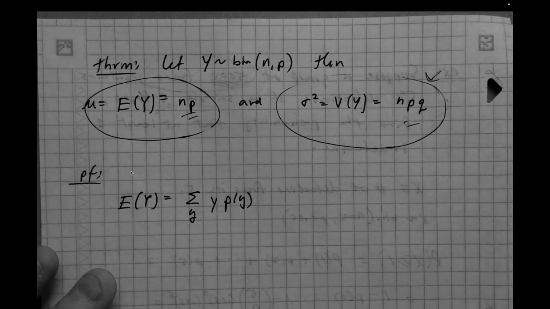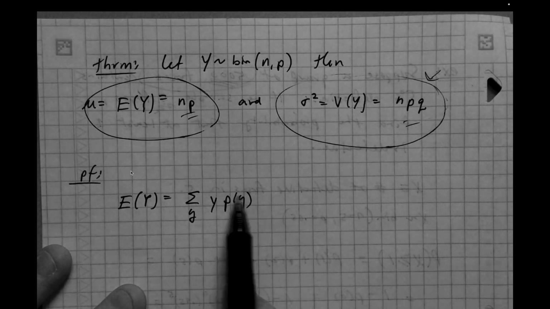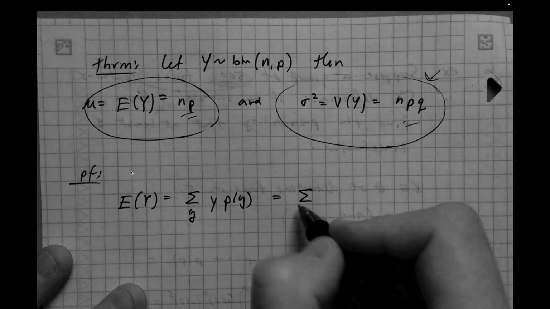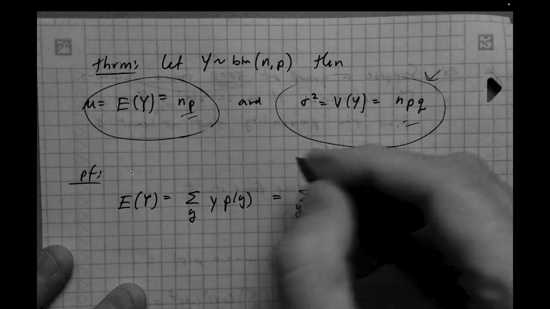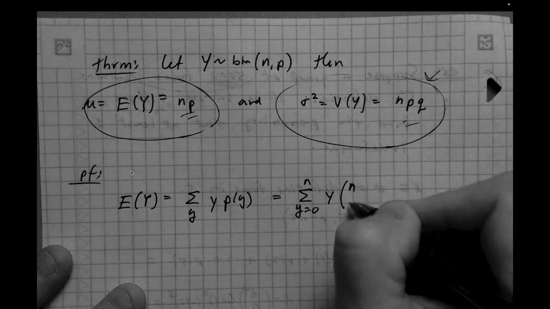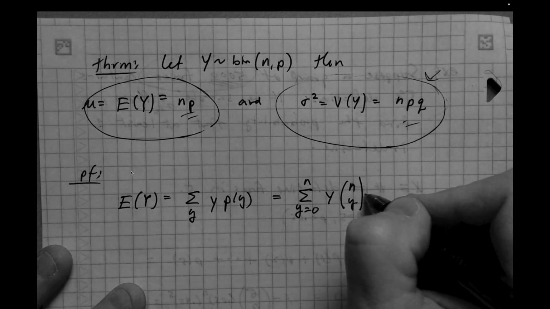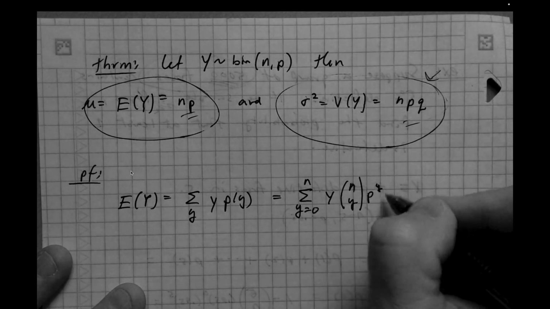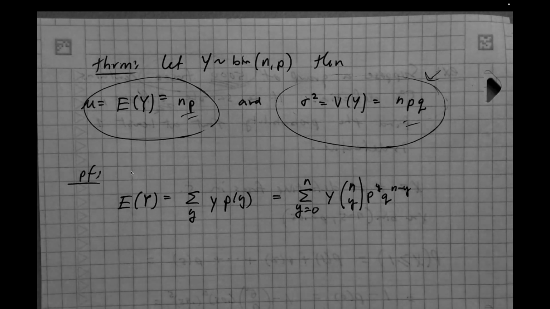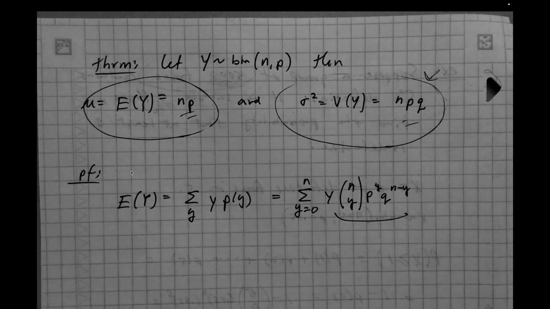Now in the case of the binomial distribution, we have an explicit form for the probability of y, and so that is the sum from y equals 0 to n of y times n choose y times p to the y q to the n minus y. Right, so that's the probability distribution function for a binomial distribution.